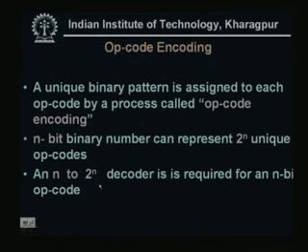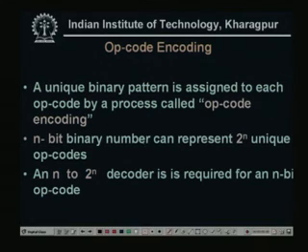Now, opcode encoding. As I already mentioned, the computer can understand only 0 or 1 and we use the binary system. So a unique binary pattern is assigned to each opcode by a process called opcode encoding. Just now I gave an example of a 3-bit opcode. One n-bit binary number can represent 2 to the power n unique opcodes.